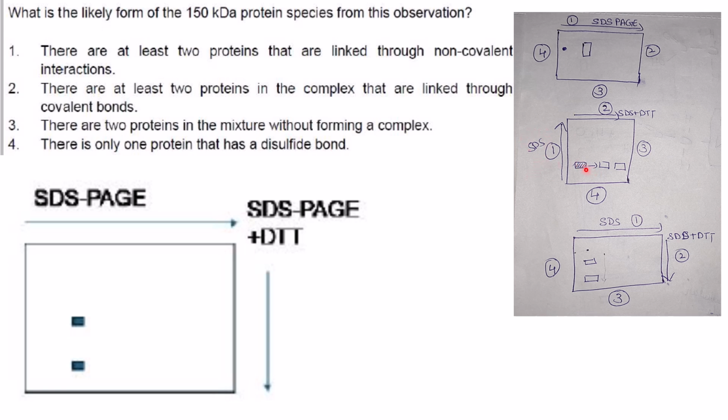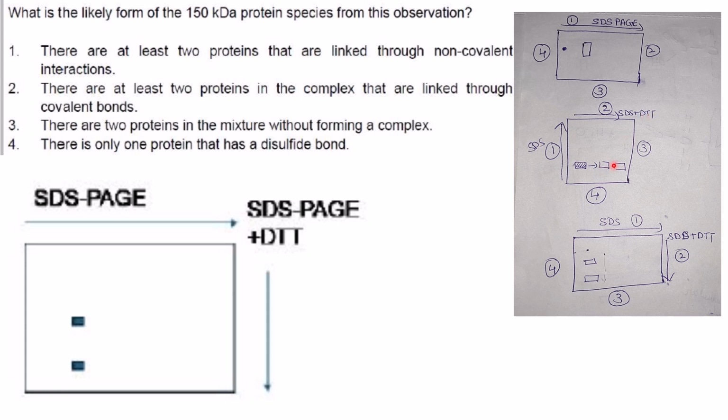Now for the second dimension, you treat this gel with DTT also. So if there are any disulfide linkages, they will be broken. And you will get 2 bands like this from this band. This band will not be seen in the gel again. It has split into 2 bands upon treatment with DTT.